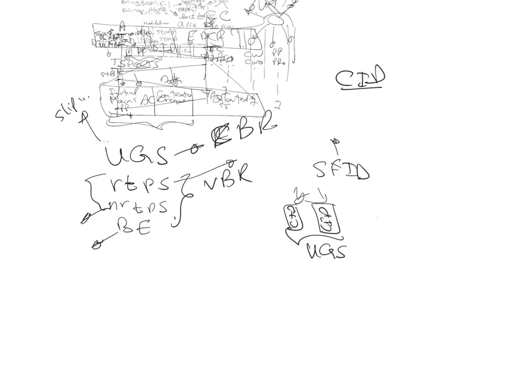We can use different forward error correction schemes, but there's only one modulation scheme. Okay? So we talked about the architecture for Bluetooth. We talked about piconets, scatternets, and how the node can be part of 2 piconets, and what is the implication of this on the frame structure, and so on.